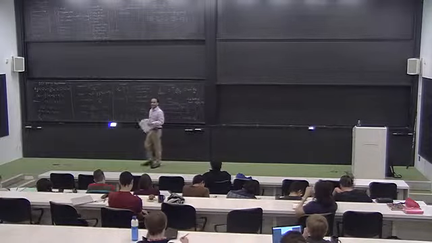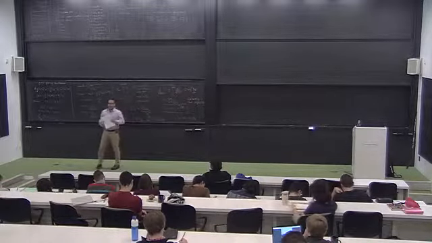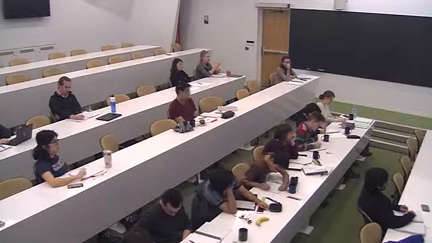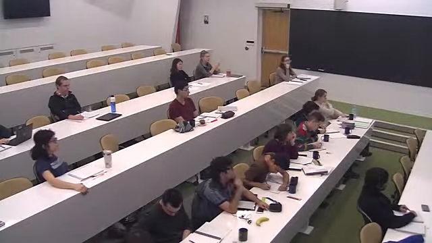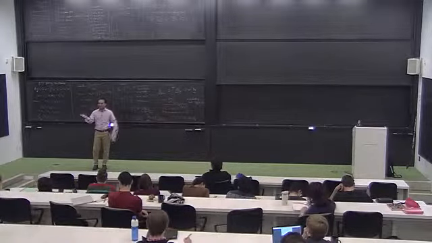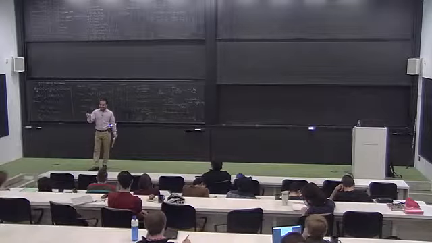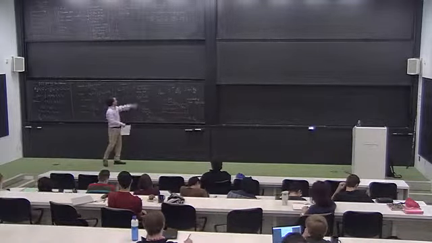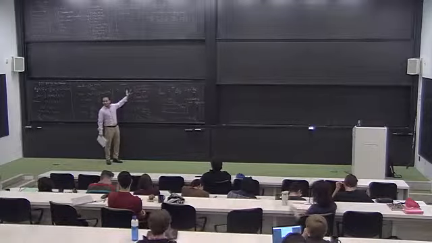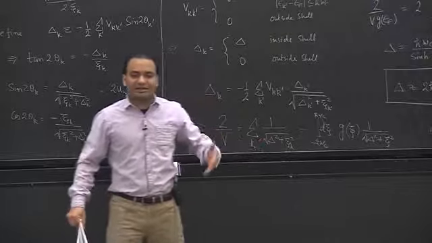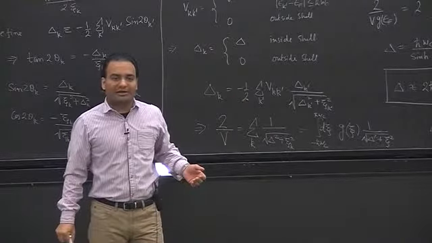Yes? It seems like ω_c is kind of an arbitrary parameter, so how is that determined physically? So it is not arbitrary in the sense that, physically, it is the energy window where you have attractive interactions. Outside this energy window, you don't have attractive interactions. At the moment, we haven't assumed anything, so it's arbitrary in a sense.